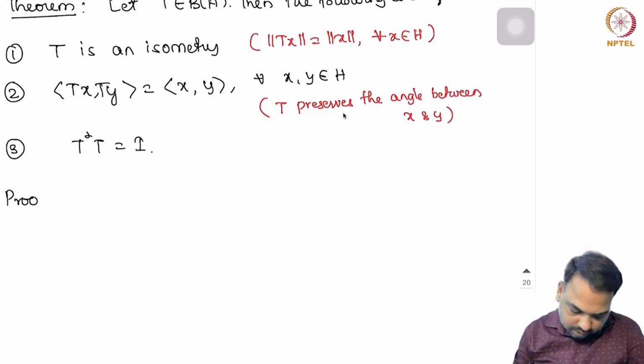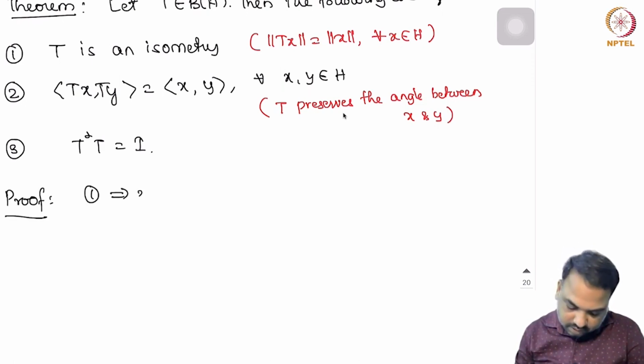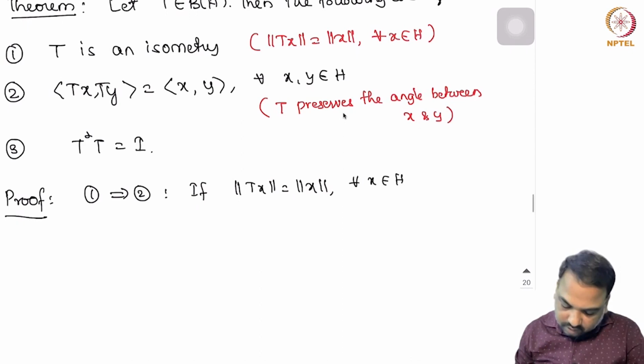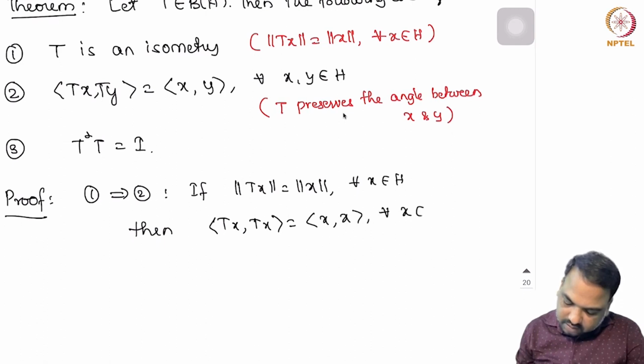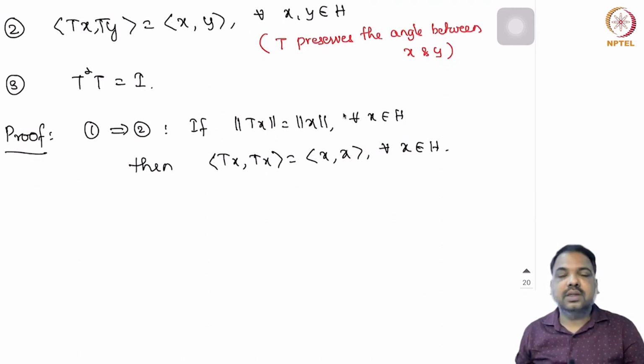Proof. So suppose T is an isometry, let us try to prove 1 implies 2. If norm Tx equals norm x for every x in H, then squaring both sides we have inner product Tx with Tx is inner product x with x for every x in H. From that we can conclude that inner product Tx with itself equals inner product x with itself.